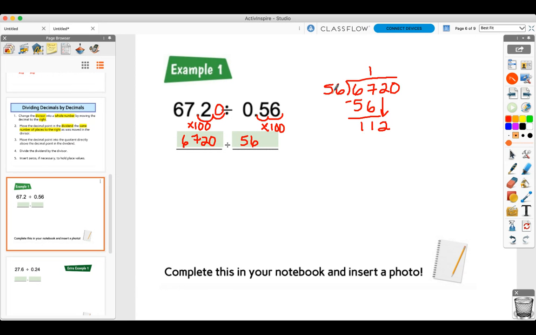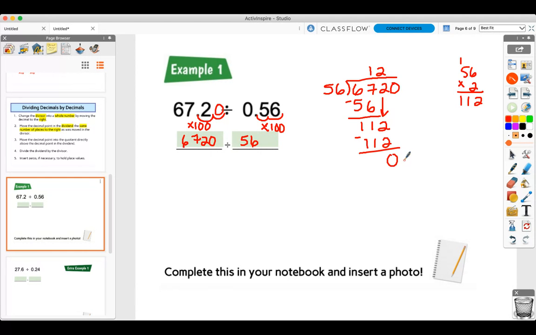So how many times does 56 go into 112? Well, if you're not sure, do some math on the side. 56 times 2. 6 times 2 is 12. Carry the 1. 5 times 2 is 10 plus 1, 112. So this is going to be a 2 up here. 2 times 56, we just did it, is 112.